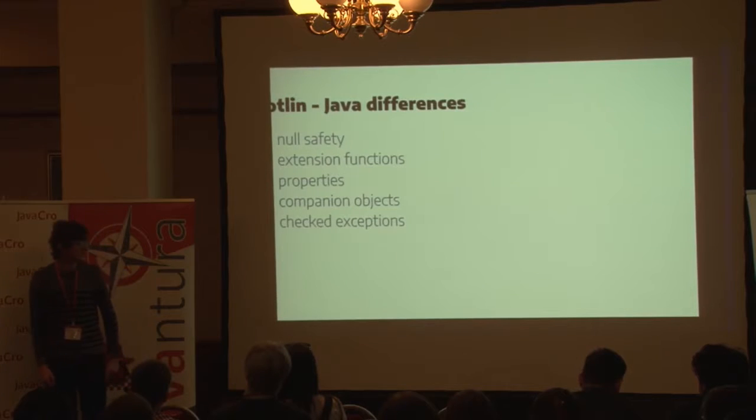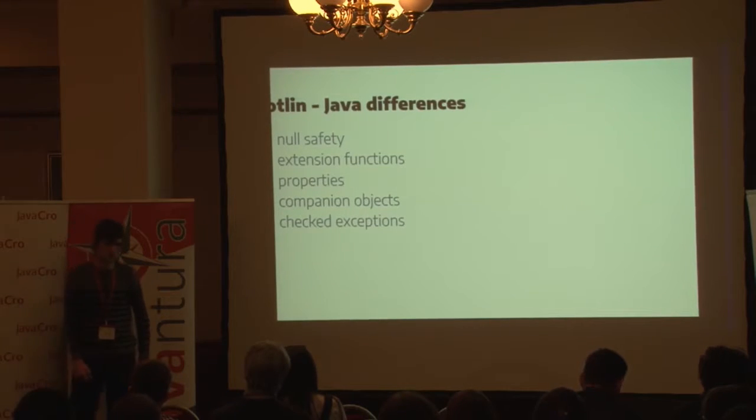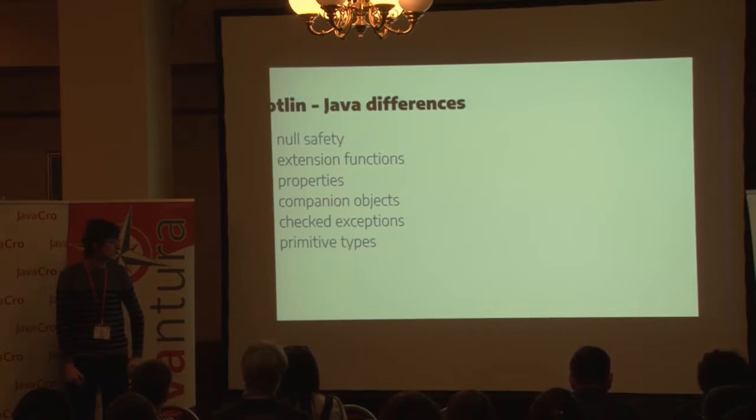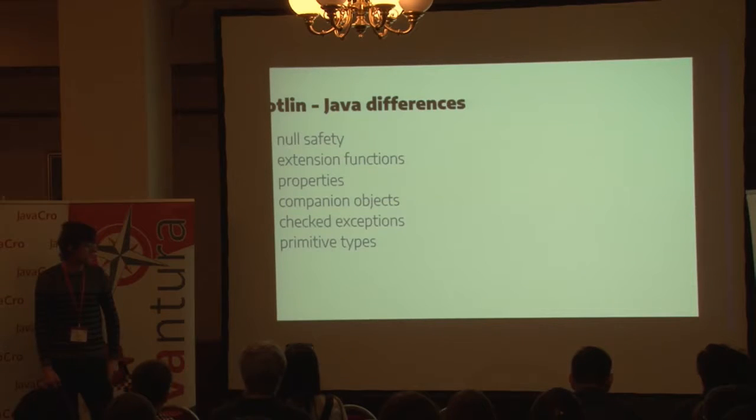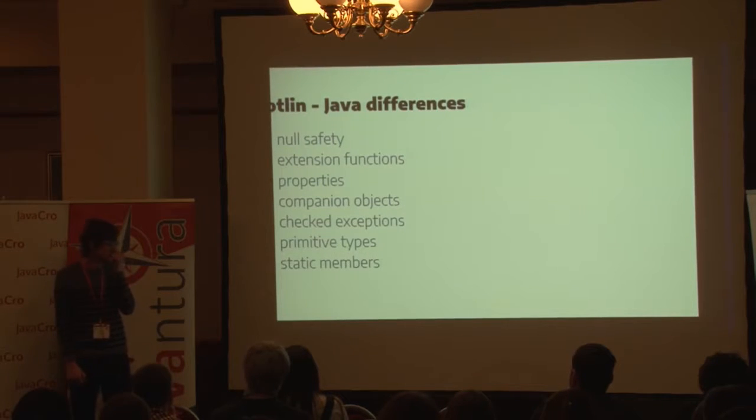What Kotlin doesn't have is checked exceptions. Same with primitive types, but when Kotlin compiles to Java bytecode, it will use primitives where it can. And as I mentioned previously, there are no static methods in Kotlin.